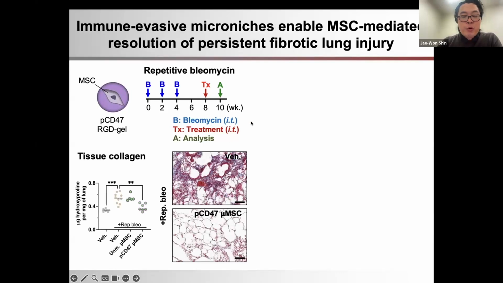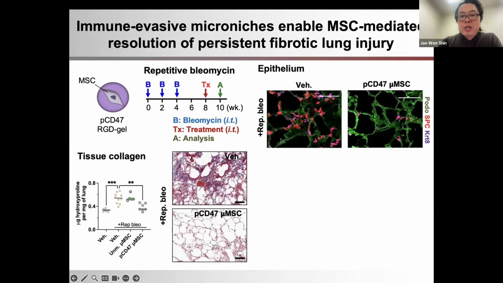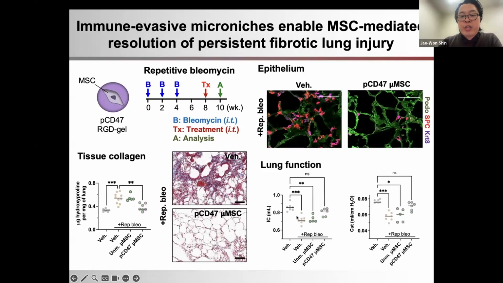And across the board, including the collagen deposition, as well as epithelial restoration and ultimately lung function, we show that the gel-coated MSCs grafted with CD47 peptide, but not the ones that are not grafted with this peptide, resulted in the resolution of the more persistent fibrotic injury.